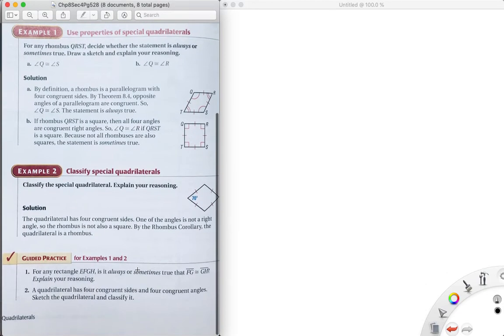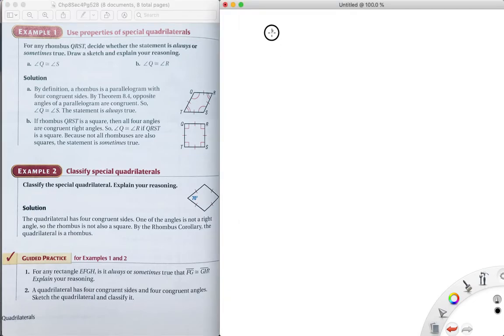So there's a couple questions here, and it's funny. I looked at them; they're all the same questions essentially. For any rectangle EFGH, is it always, sometimes, or never true that FG equals GH? So it says it's a rectangle. I know a rectangle is a parallelogram that has 4 right angles.